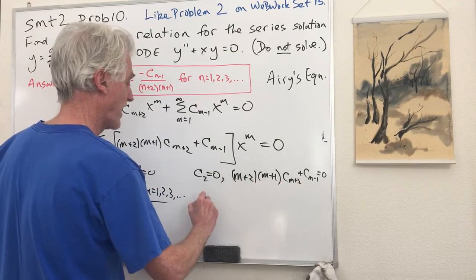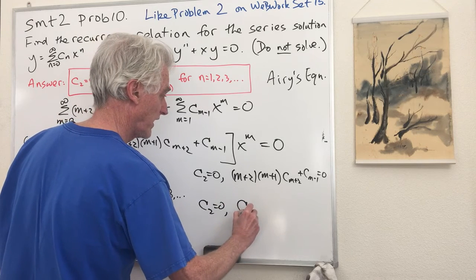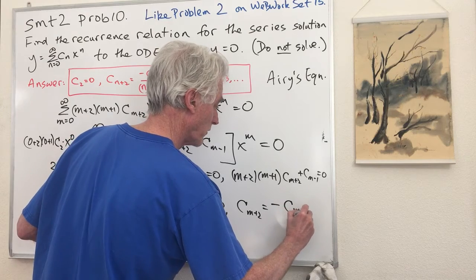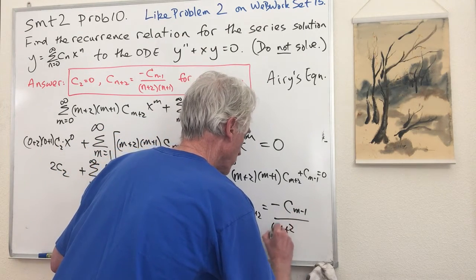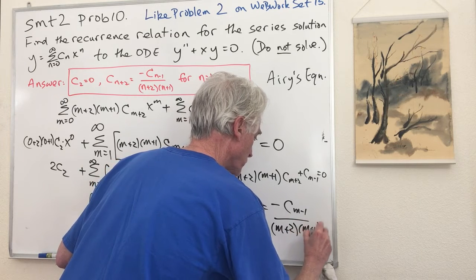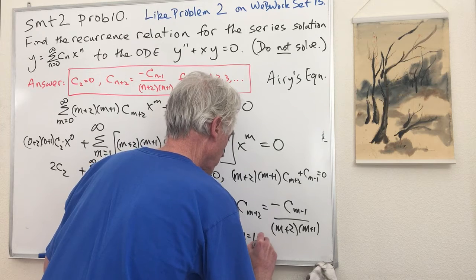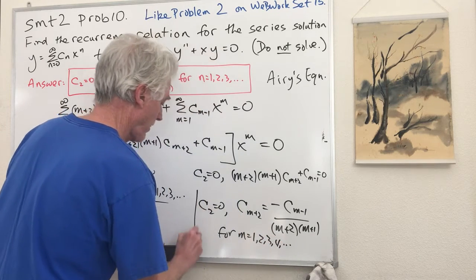So I can just solve that, and I get c2 equals 0, and c sub m plus 2 is minus c sub m minus 1 all over m plus 2, m plus 1 for m equals 1, 2, 3, 4, dot dot dot.